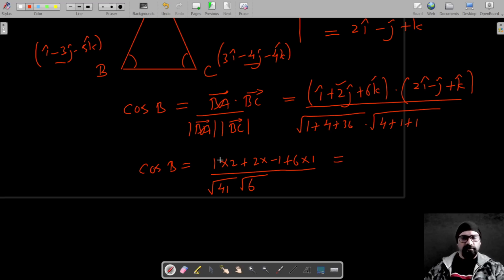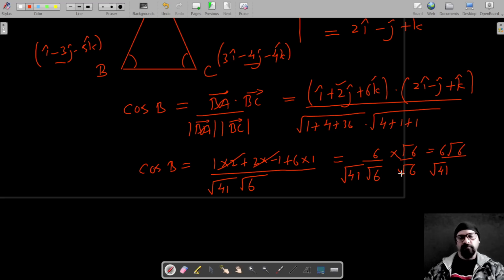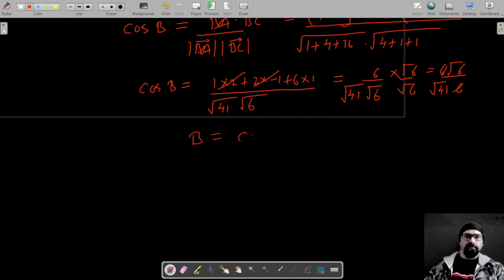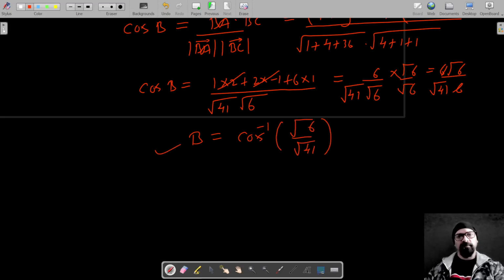Okay, which gives me, and this gets cancelled, 6 upon root 41 by root 6, and this can be rationalized further, which gives me 6 root 6 upon root 41 by 6. So B is cos inverse of root 6 by root 41. This is angle B. Moving on to find angle C.